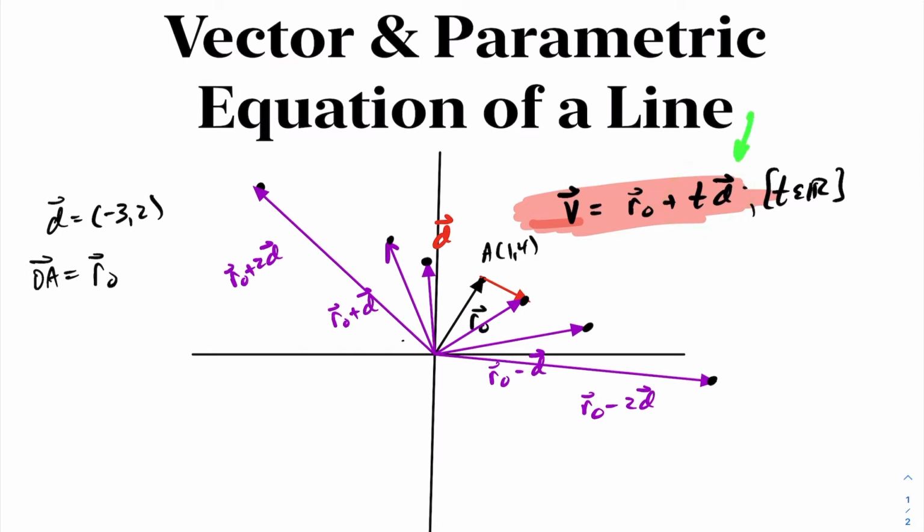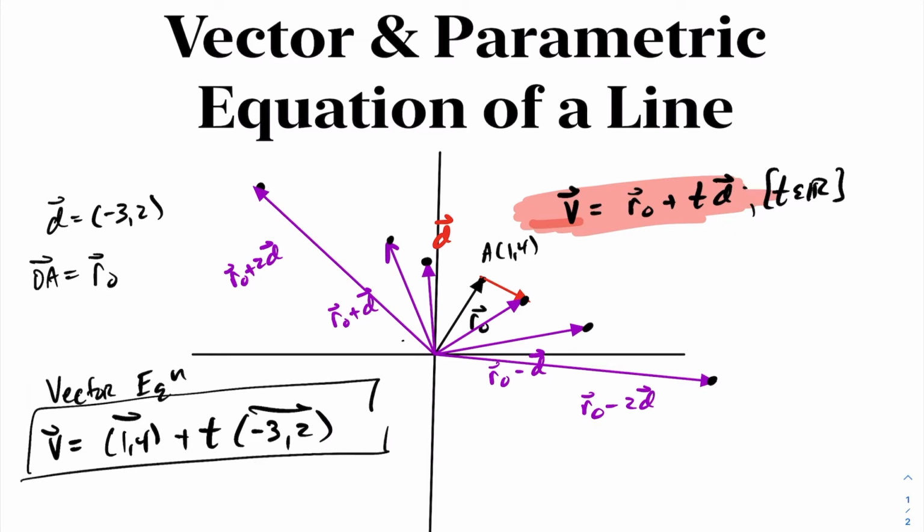Notice that your direction vector acts as a slope in relation to linear equations. So for the following example, this vector equation, V, would be equal to the vector 1, 4 plus t times any scalar multiple of our direction vector -3 and 2. This would be considered the vector equation of the line.